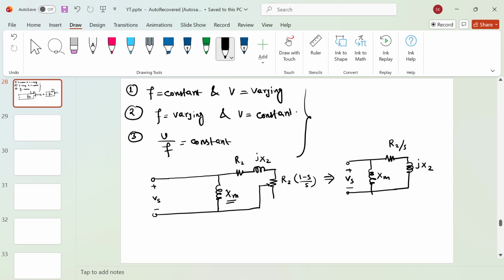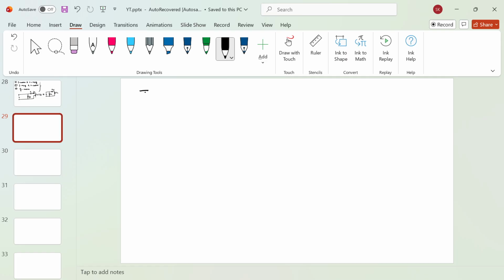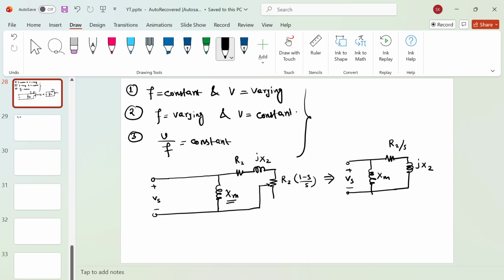Now let me start with writing the equations. I want to calculate the developed electromagnetic torque, TD. From this particular circuit, let's say your rotor current is I2. So what will be your developed power?